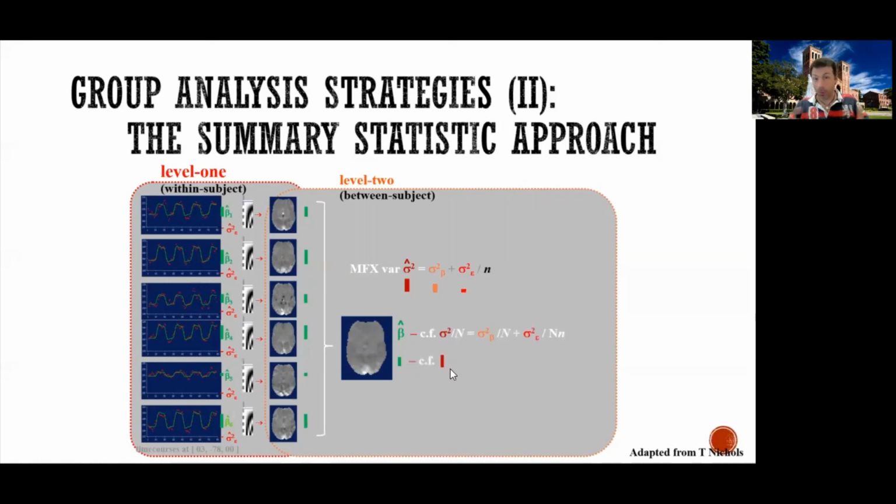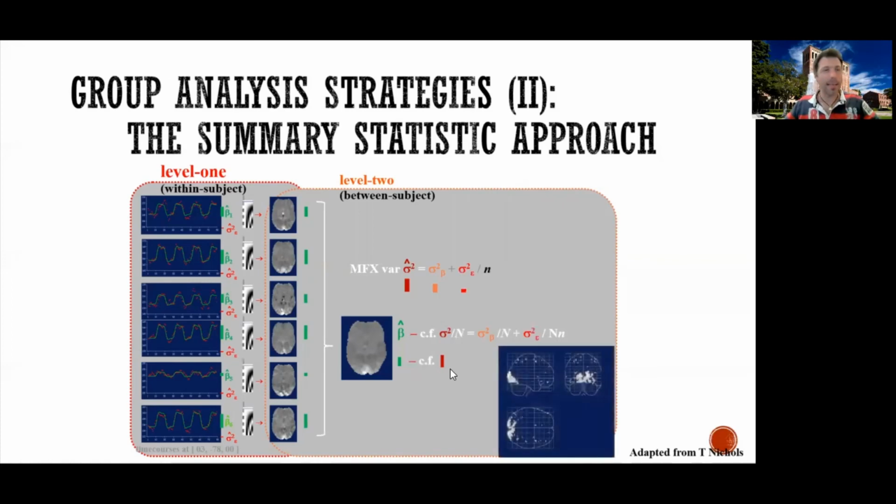Obviously we would do this numerically, not visually, and for the whole brain we would get some kind of map and some kind of statistical value. All right, this is the idea in the summary statistic approach. You run a first level analysis for each participant, you carry forward the data, you calculate the variance across participants, then you average the variance within each participant, and that's how you get your between variance and your within variance, or your random effects variance and your fixed effects variance.